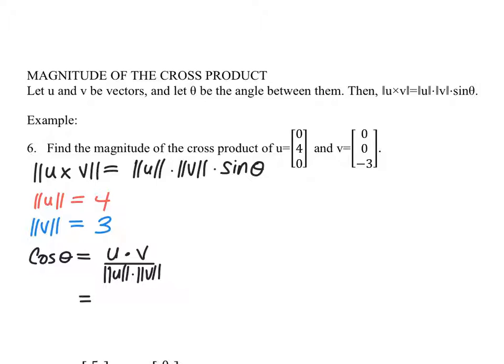All right, so I'm not going to really do much work here because the dot product itself is just going to be 0. All right, so as long as the magnitudes themselves aren't 0, then we're good.